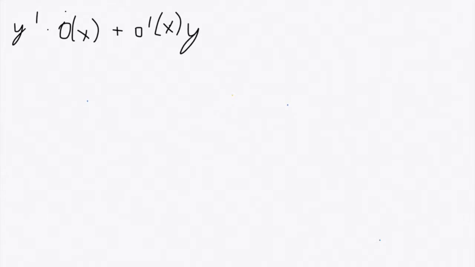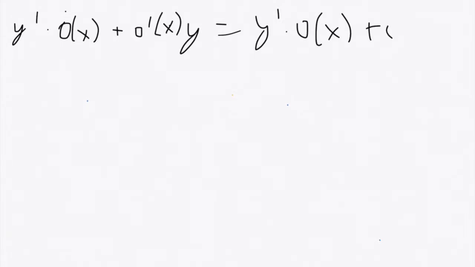So with the clue we had, we're going to set up our product rule on this side. We're going to have y prime times o of x plus o prime of x times y is equal to y prime times o of x plus o of x times p of x times y.